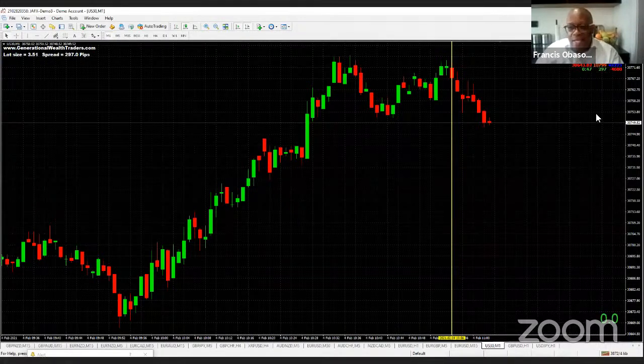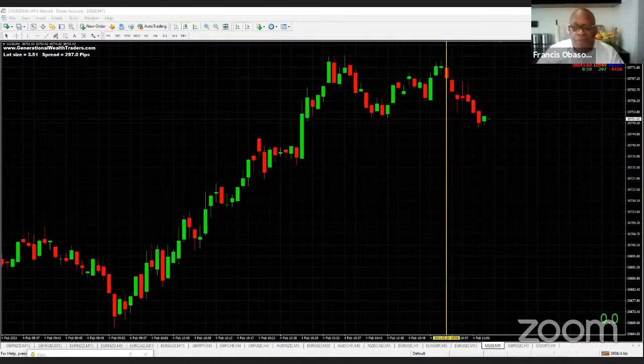The US 30, like I said, is a basket or an index of 30 US companies. As a matter of fact, let me just show this to you. This would obviously be beneficial for those who already trade Forex, or perhaps are interested in trading indices.